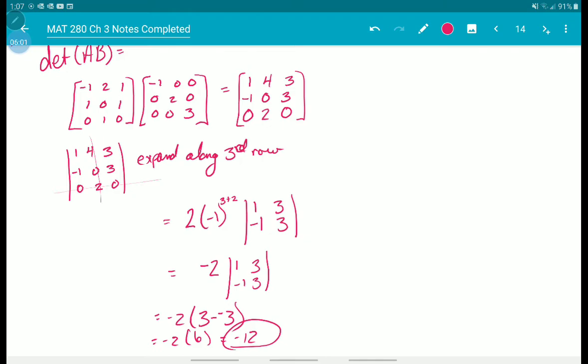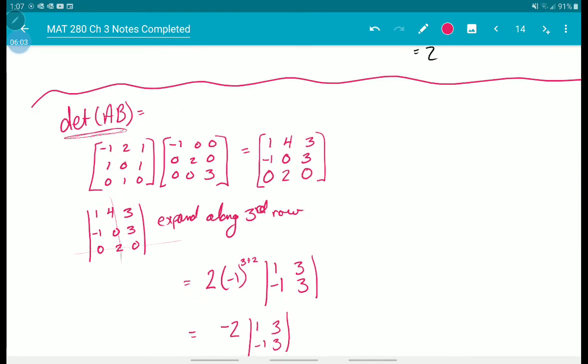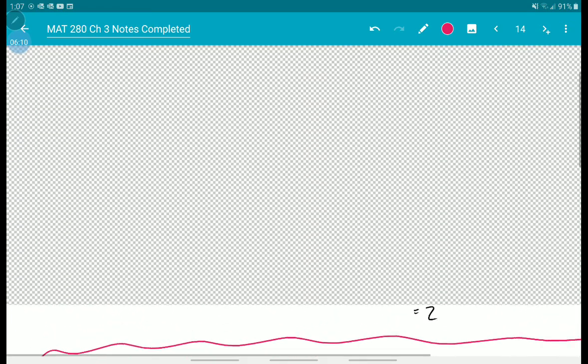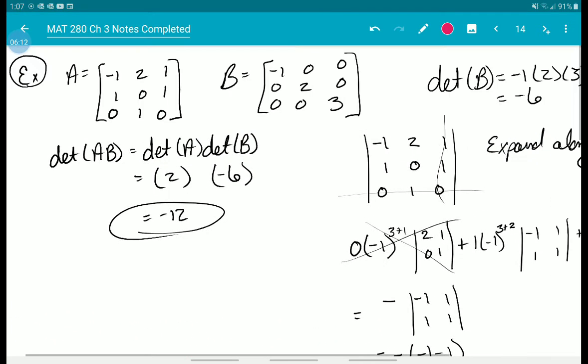The point is that this way took a little bit more work, in my opinion, because I had to do a multiplication first and then I had to find a determinant. Whereas the other way up here, because I had a matrix that was super nice, a diagonal matrix, that determinant is easy to find. So that product rule for determinants, as I call it, was actually a little bit easier to compute. We didn't have to do any extra work.